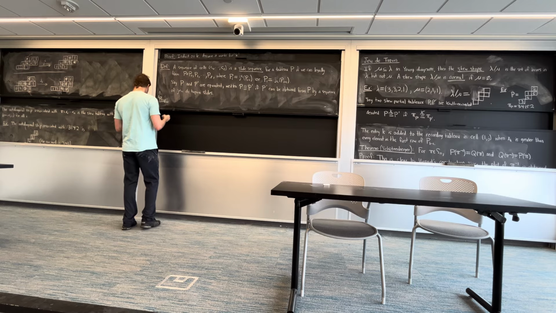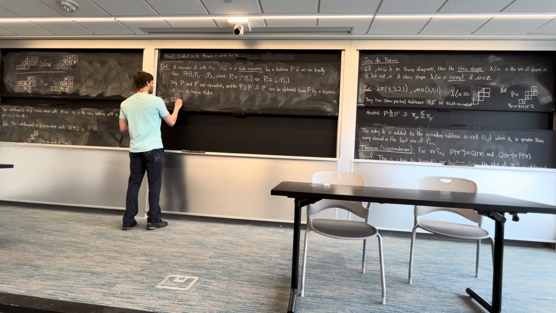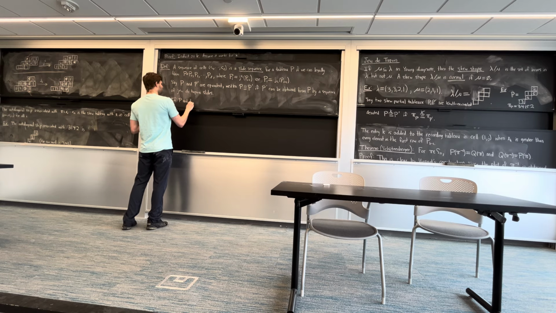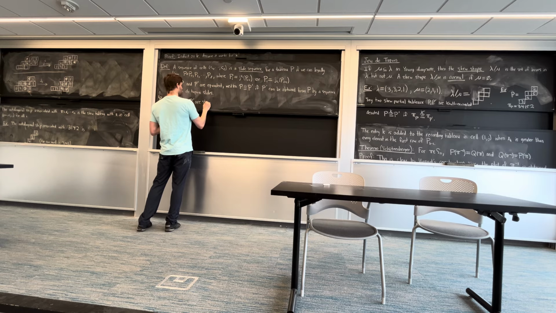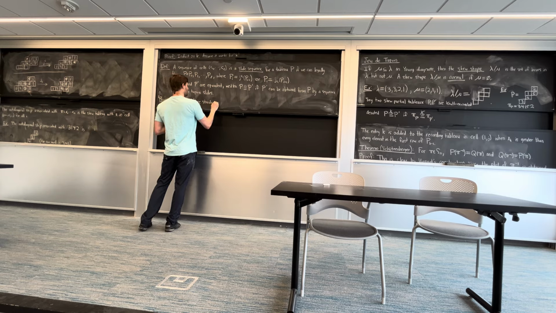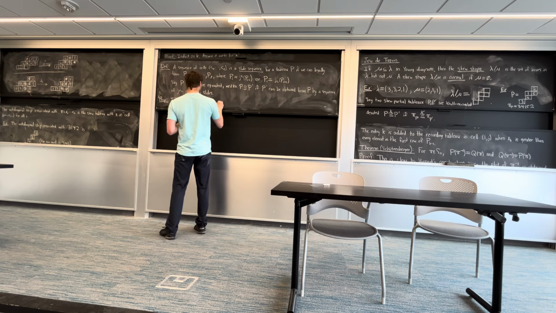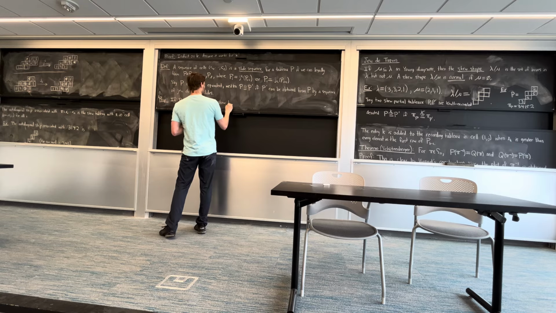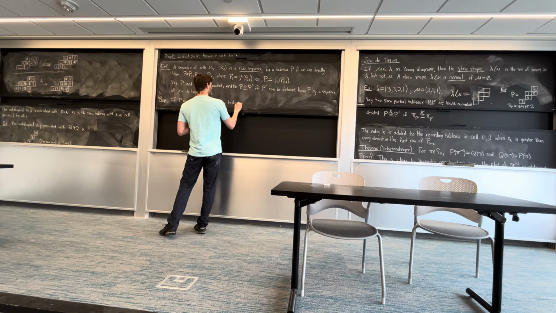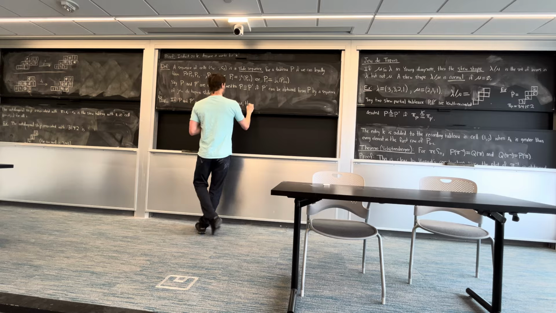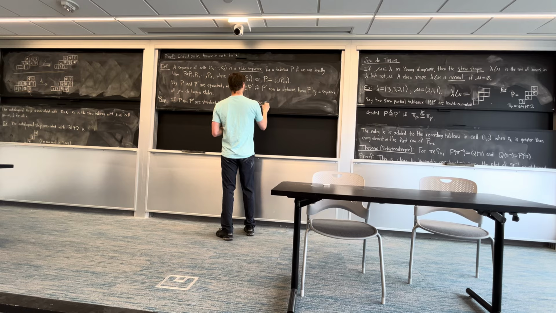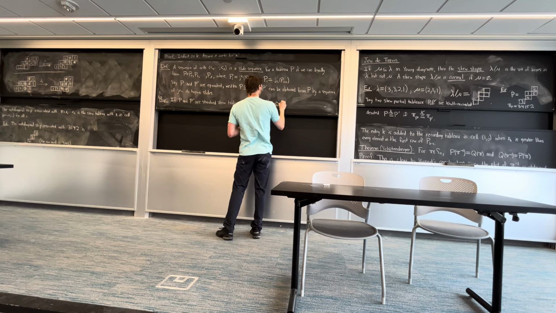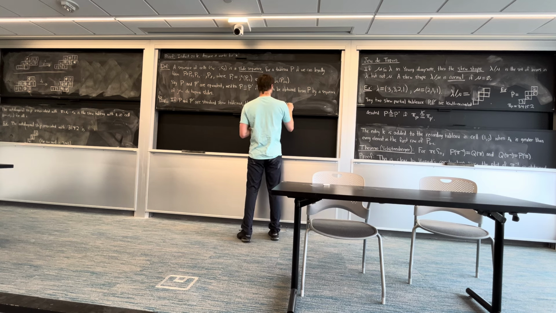So first, if P and P prime are standard skew tableaux, then if they're equivalent in this sense, that implies that they're Knuth equivalent.